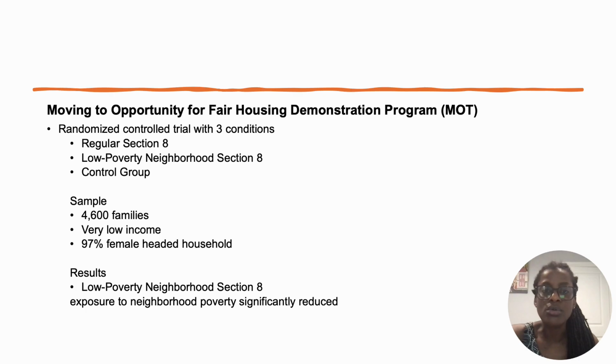And the control group just basically stayed in their housing. So the second group received counseling on how to relocate from public housing, while the control group did not receive any type of treatment.